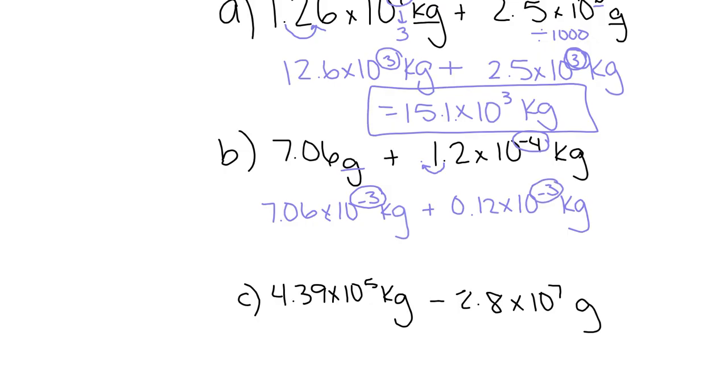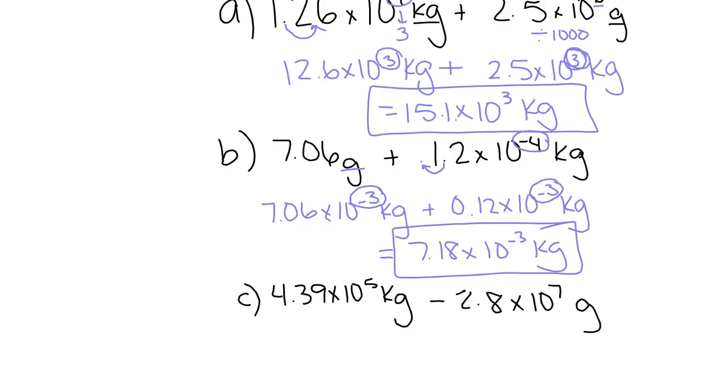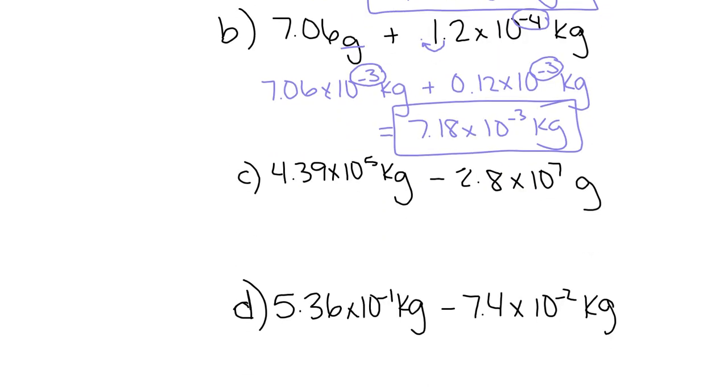Now we have the same, so we can add 7.06 plus 0.12, which gives us 7.18 times 10 to the negative 3 kilograms.